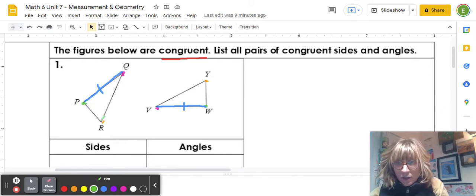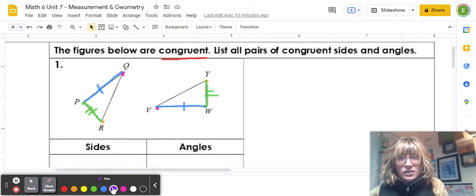We could also say that going from P to R, or green to yellow, is the same, so these could be called 2 hash marks long. And then the final side has to also be equivalent, so we know that Q to R and V to Y are all the same. We could mark those and call them 3 hash marks long.